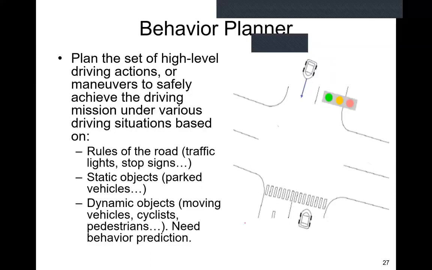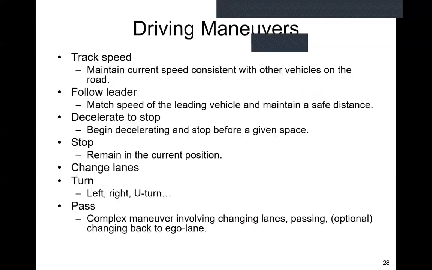Need behavior prediction for dynamic objects. Driving maneuvers may include track speed, maintain current speed consistent with other vehicles on the road, follow leader, match speed of the leading vehicle and maintain a safe distance, decelerate to stop for a stop sign, stop, remain in the current position, change lanes, do a turn, do a pass.